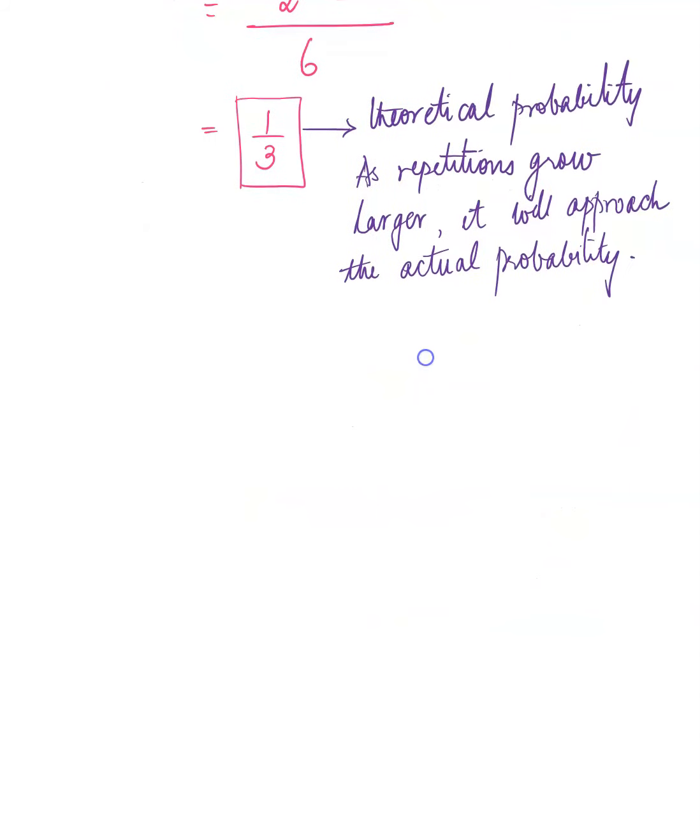Now let's keep the same problem, and I'm going to define a new event. Let's call it F. F is, let's say, rolling a number that is less than or equal to 4.